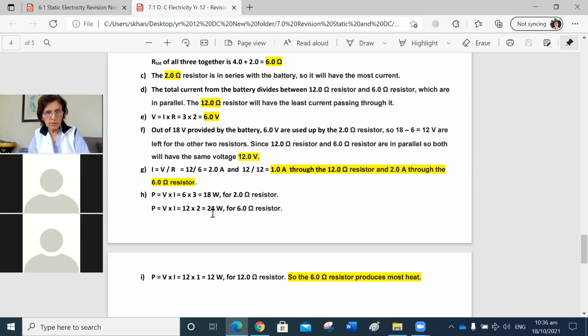The 6 ohm resistor has 12 as the voltage and 2 as the current, so 24 watts. And this one is for the 12 ohm resistor, it's producing 12 watts. So by comparing these three, we can see that the 6 ohm resistor is producing the most heat energy.